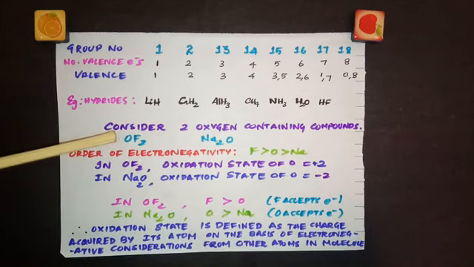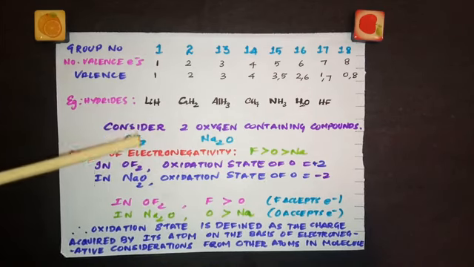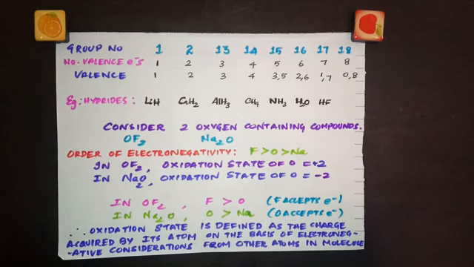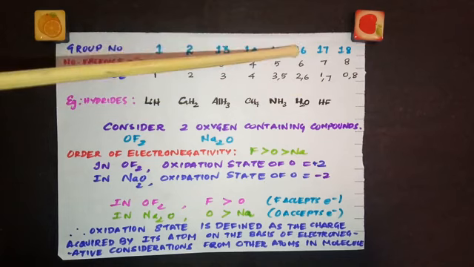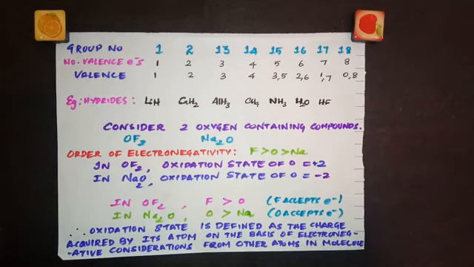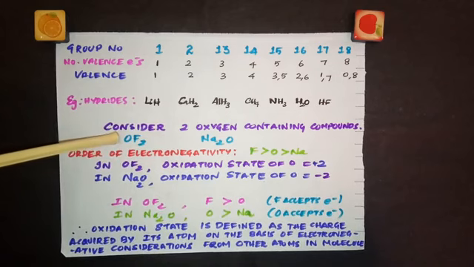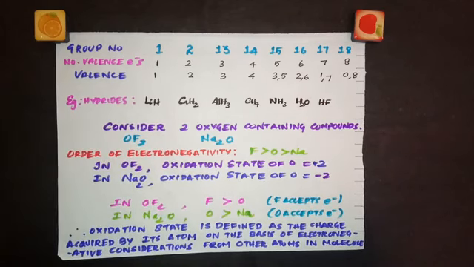So let's take the example of OF2 first. Here fluorine is bonded with oxygen. Compared to oxygen, fluorine is more electronegative. Fluorine belongs to the 17th group, so it can exhibit a valency of 1, and oxygen belongs to the 16th group, so it can exhibit a valency of 2. So fluorine shares 1 electron with oxygen, but oxygen can take 2 electrons, so 2 fluorines share 1 electron each with oxygen to form this OF2.